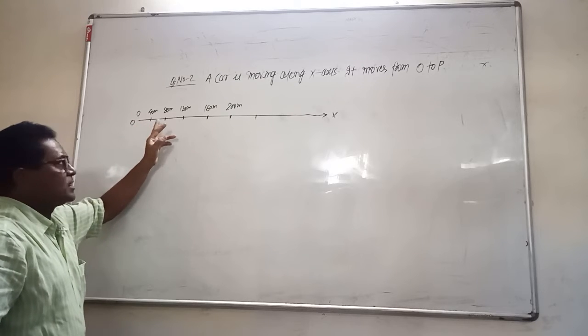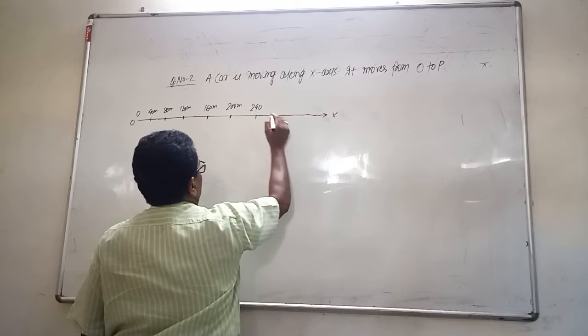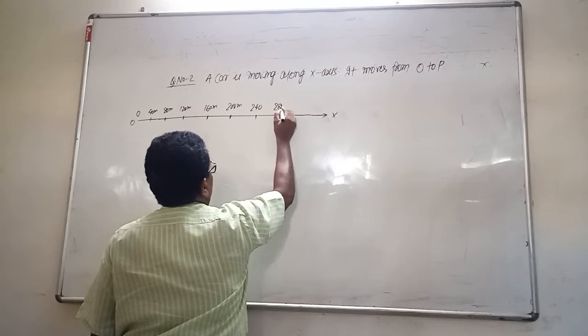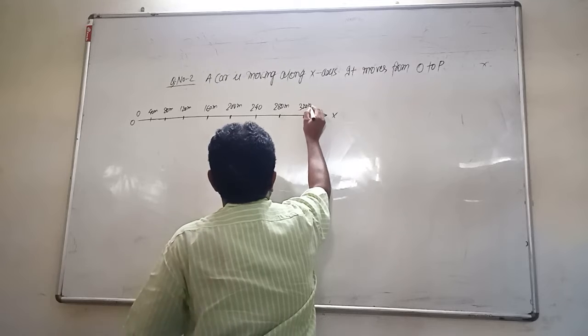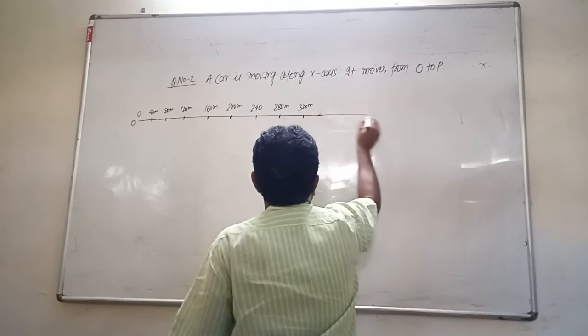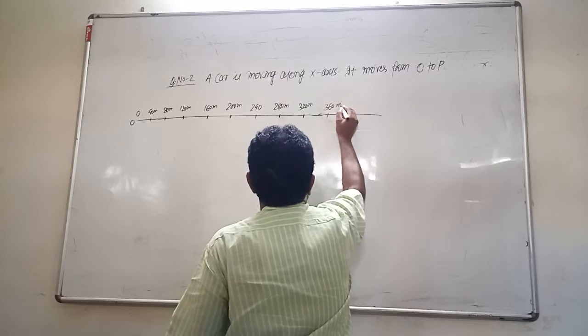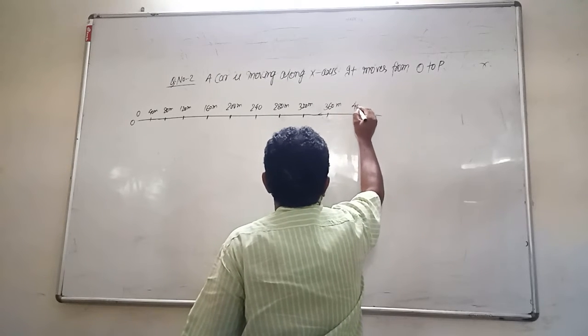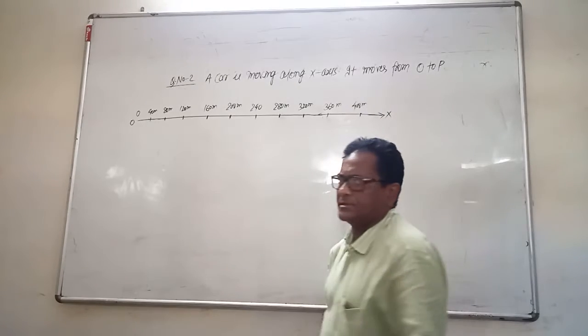0 meter, 40, 80, 120, 200, 240, 280, 320 meter, 360 meter, and this is 400. This is x-axis.